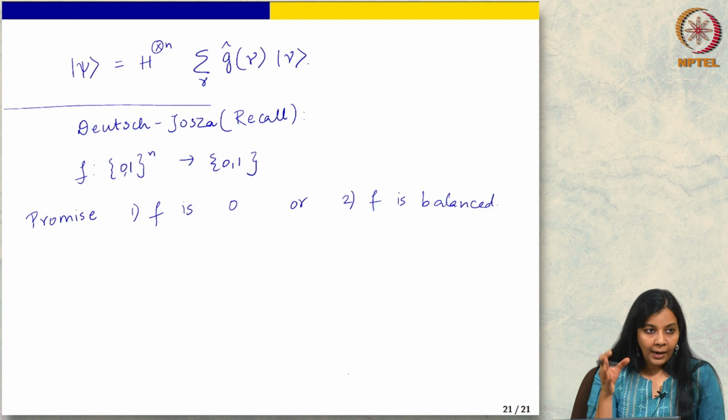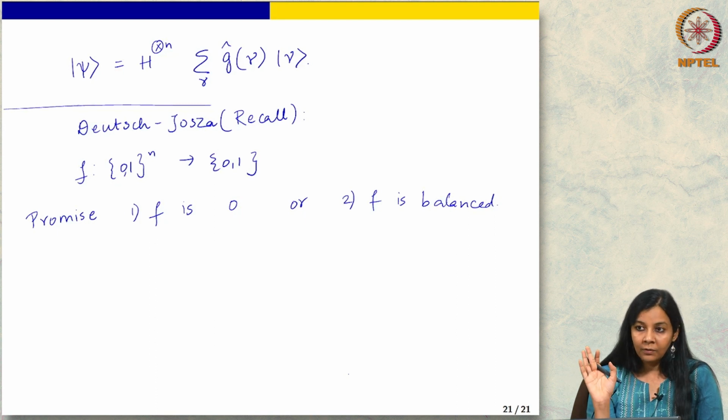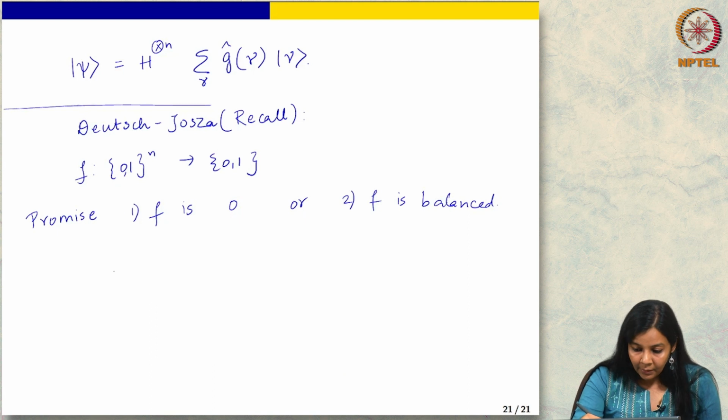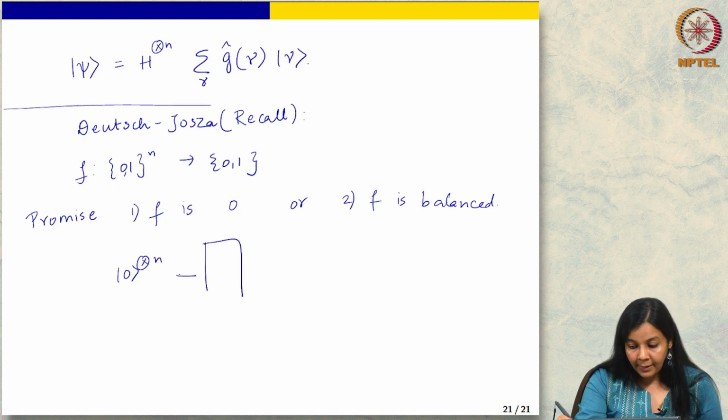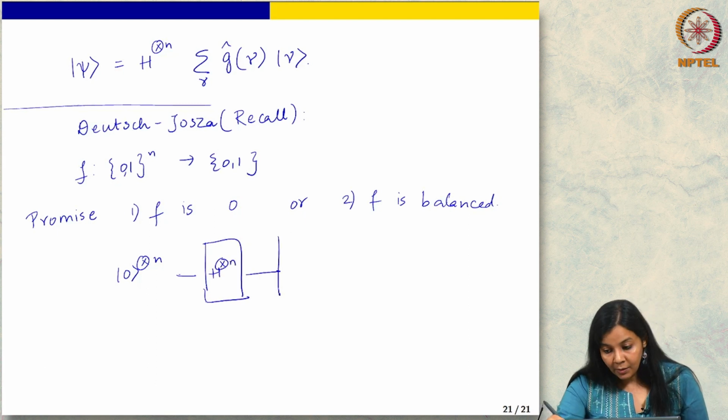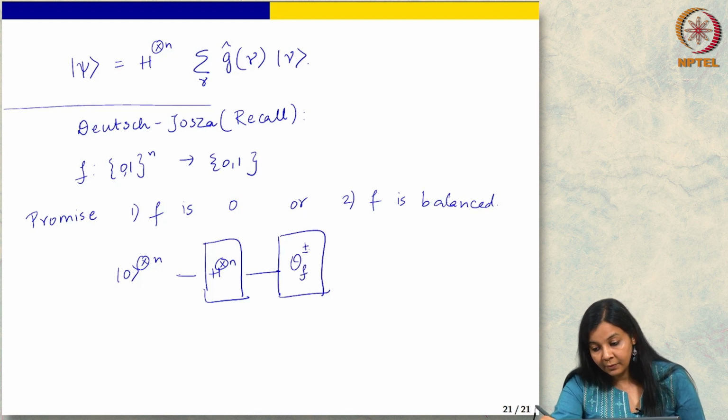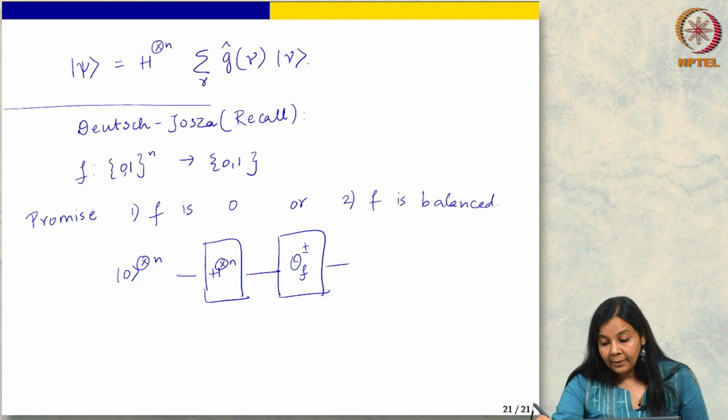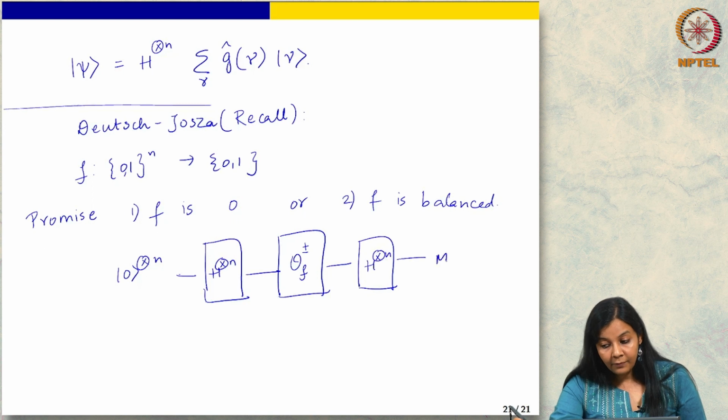So, we applied that and then we rotated again using Hadamard, and then we measured. So this was our algorithm. So we had 0, which was applied to Hadamard, which was then applied to this function oracle, the plus minus 1, so the phase kickback. And then we again had the Hadamard, and then we measured.